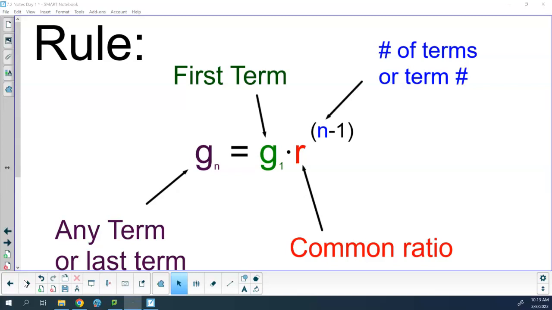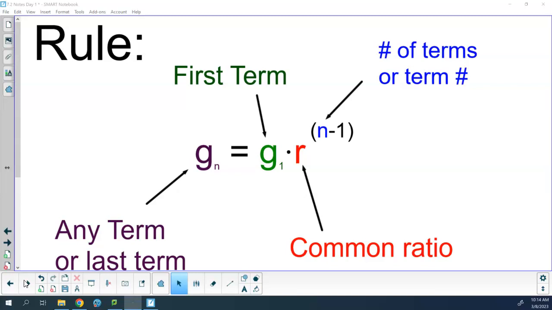Your first term is 1. Your second term is 7. Your third term is 49. Your fourth term is 343. Next term is over 2,000. So within 5 terms, you've gone to over 2,000.